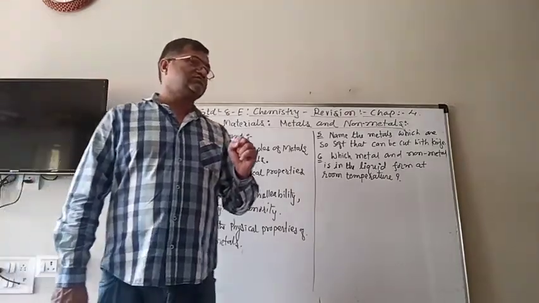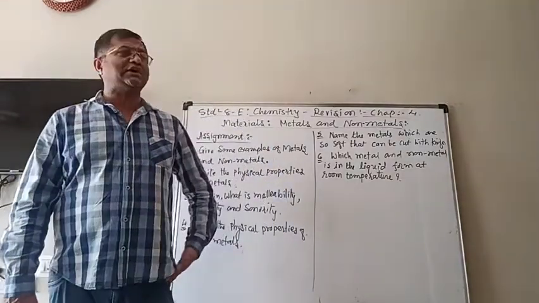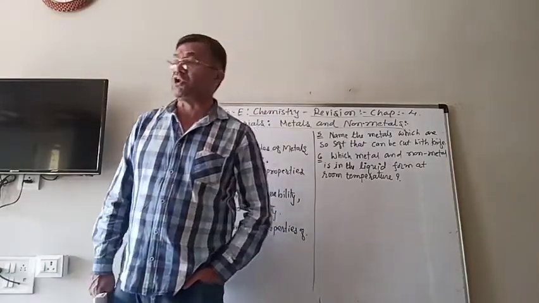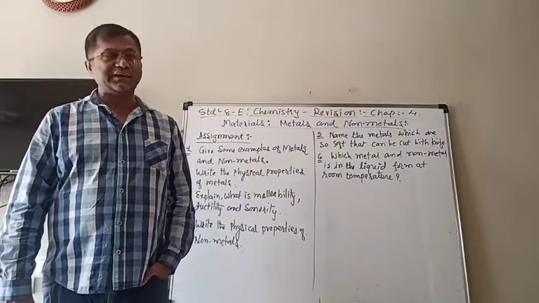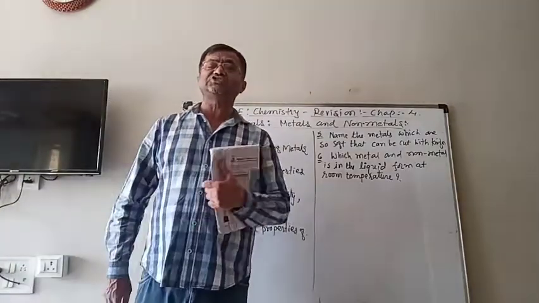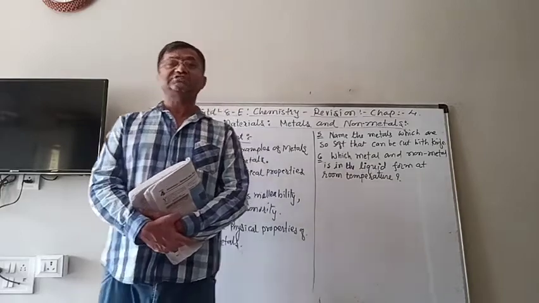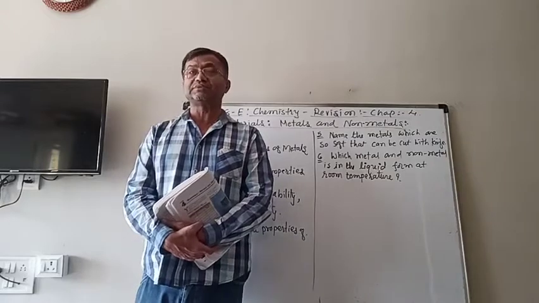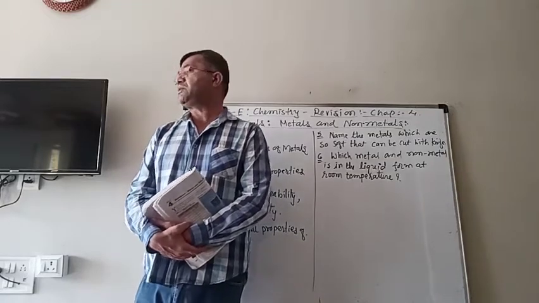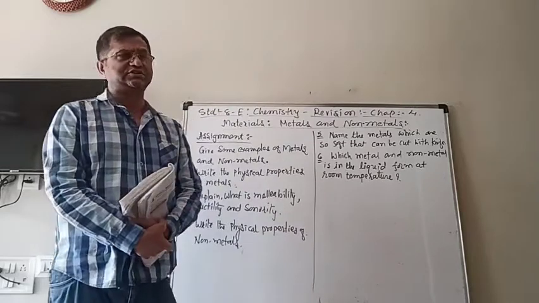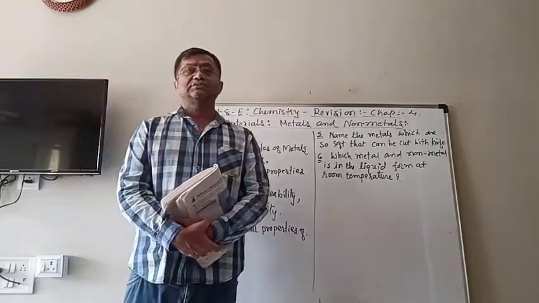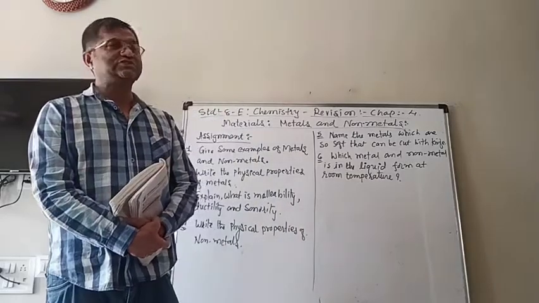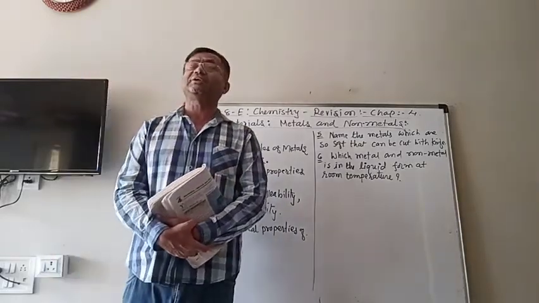And the other physical property is that most of the metals are in the solid form. But for exception, here also there is one metal which is not solid at room temperature, but is liquid. And that liquid metal, you are familiar with it. That is the mercury, which is used in the thermometer.